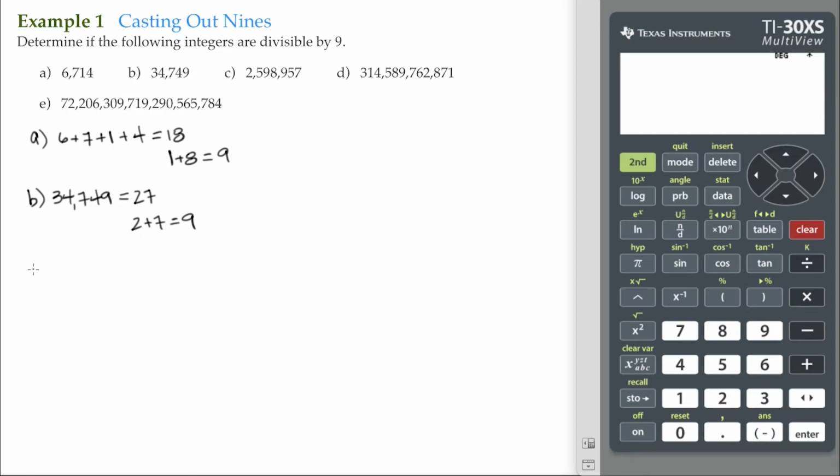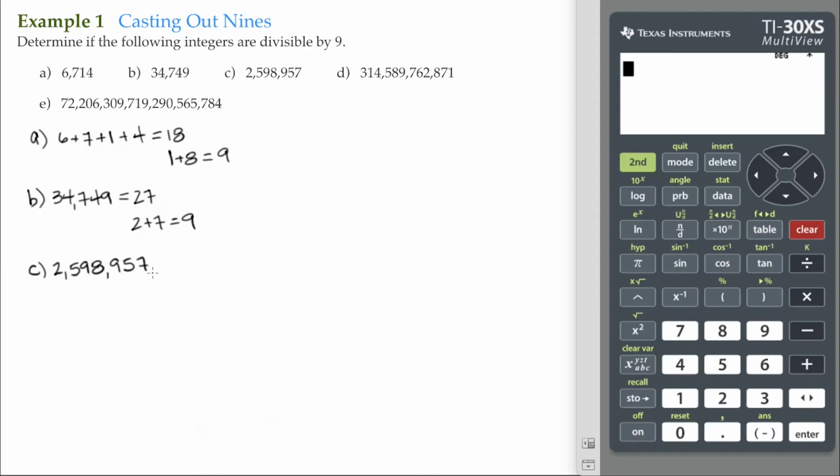Let's try C. 2,598,957. Now instead of going ahead and adding all these values up, it seems as though individual digits can be divisible by 9, or the sum of certain digits can also be divisible by 9.